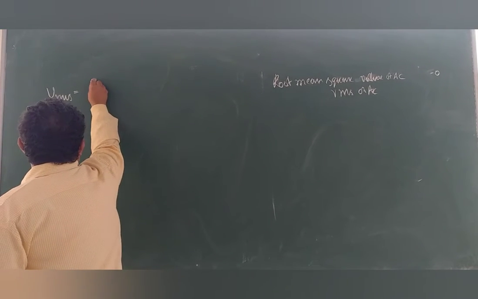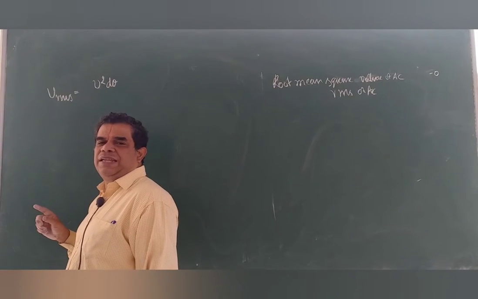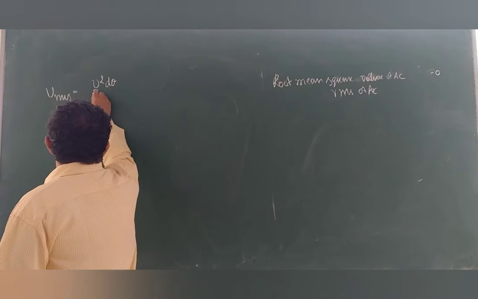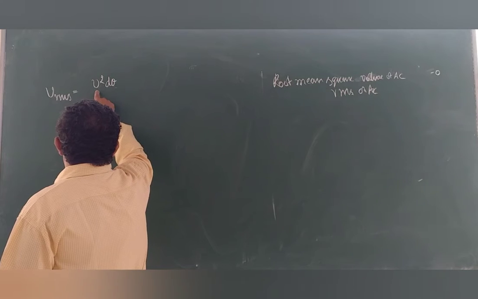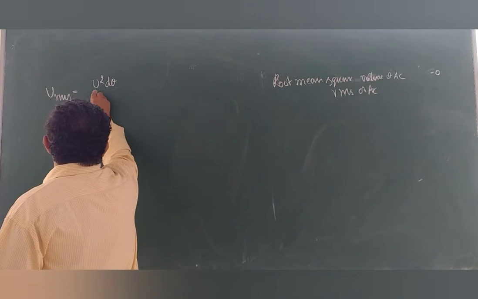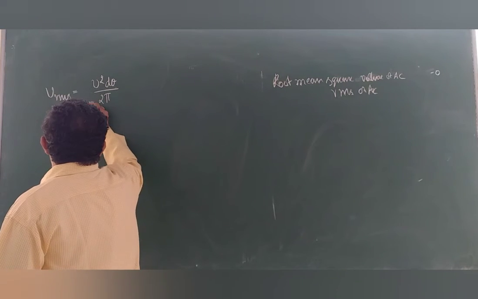As we said, we have to square, and then I take d theta once again. Instead of taking time, I take d theta, then we can change it. V square d theta, say root square is done and average over the whole 2 pi, and root of it.